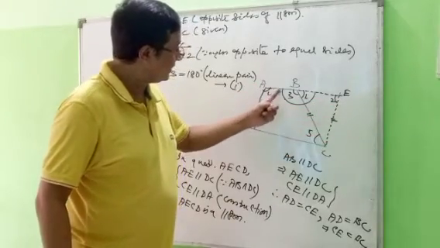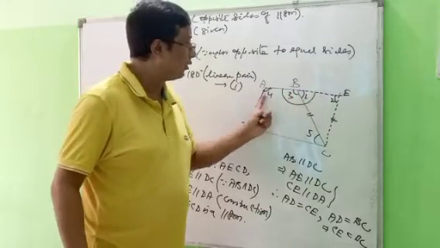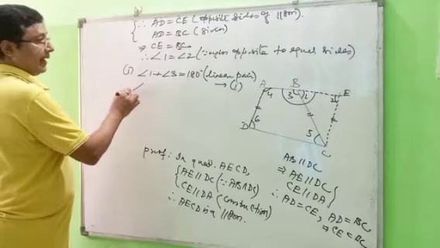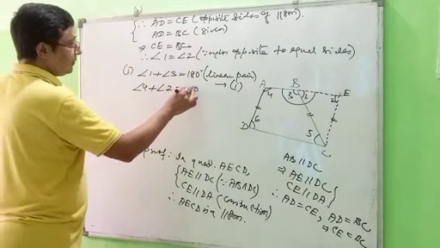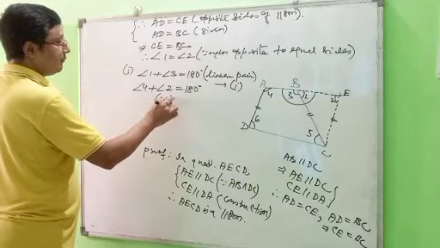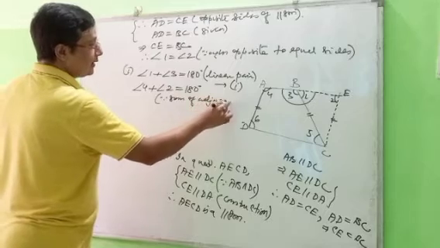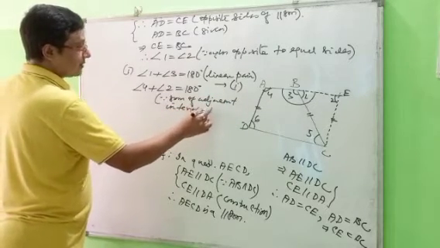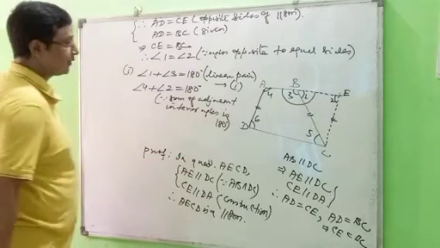That is why this angle plus this angle will be 180 degrees, co-interior angles. So angle 4 plus angle 2 equals 180, since the sum of adjacent interior angles is 180 degrees.